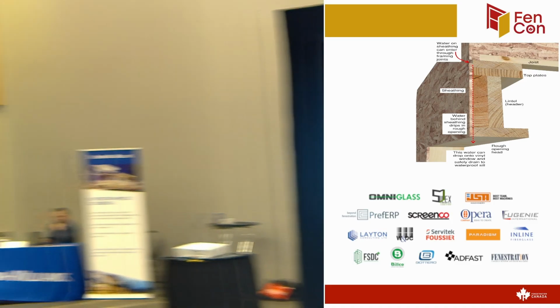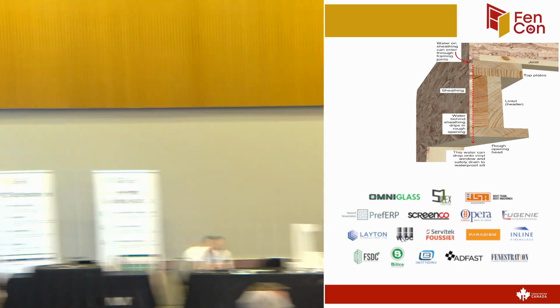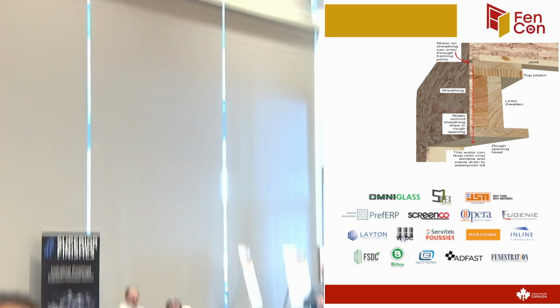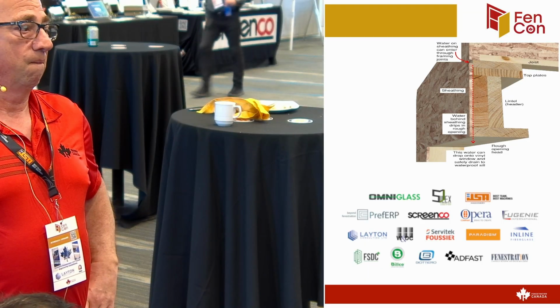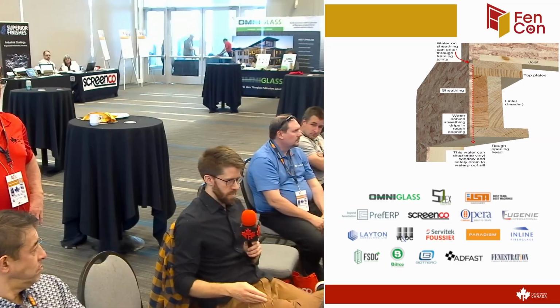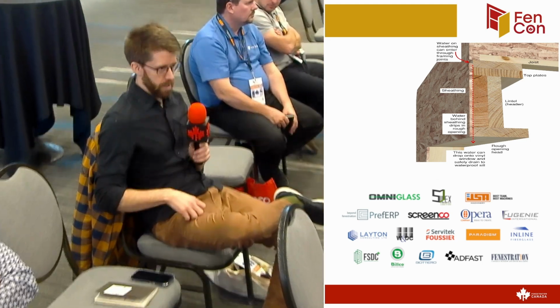Maybe just a question related to the difference, playing devil's advocate, from the 4-sided seal to the 3-sided seal. You're sort of advocating for the 3-sided seal, but aren't we just moving the issue down the line? If we're seeing failures in the 4-sided seal relative to the air barrier, we're pushing that problem in, allowing the window to potentially absorb some of that as a rain screen, but that plane of air barrier you're pushing to the interior, you're still relying on it as a single source to stop.